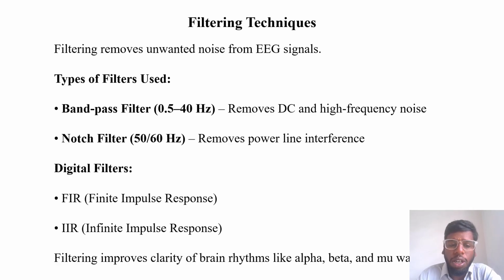Digital filters are finite impulse response and infinite impulse response. Finite has a threshold value, a minimum amount, while for infinite we don't have a threshold value. Filtering improves the clarity of brain rhythms like alpha, beta, gamma, and mu waves.